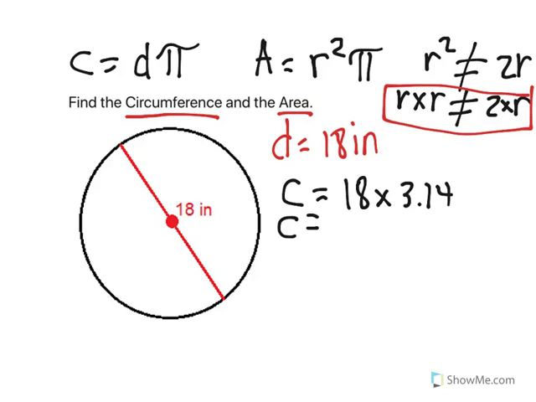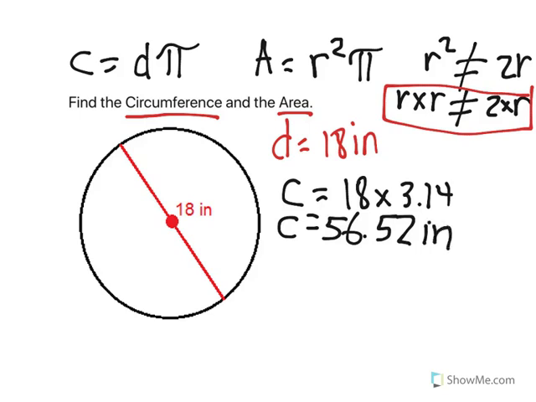You can use your calculator; in case you don't have one, you have to multiply that decimal by that whole number. The answer is 56.52. In this case, we got inches.